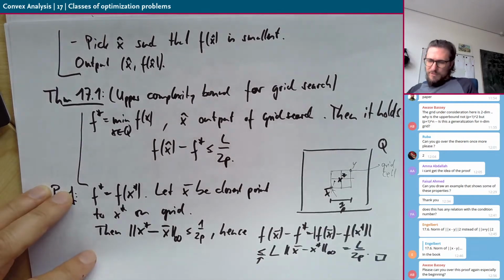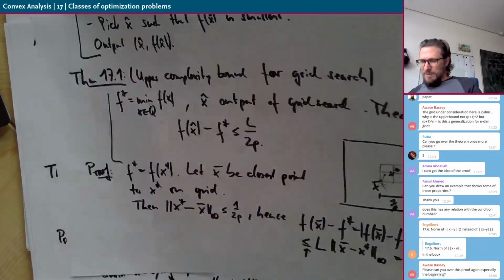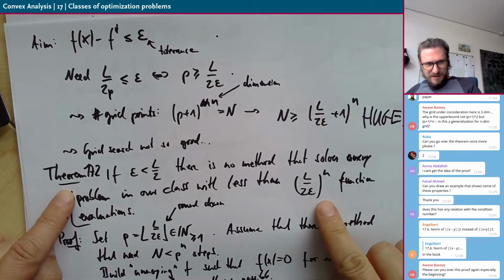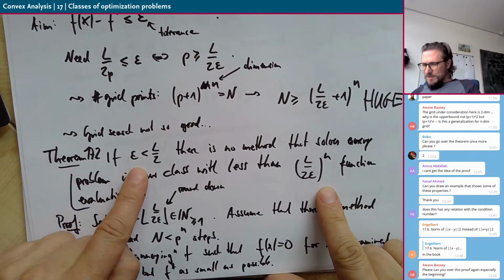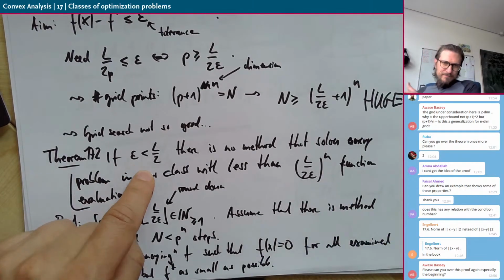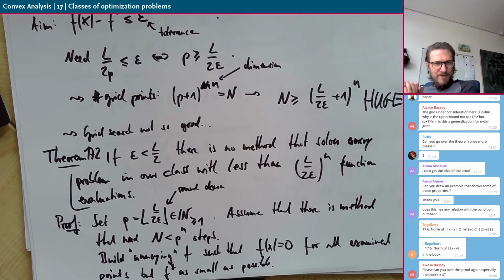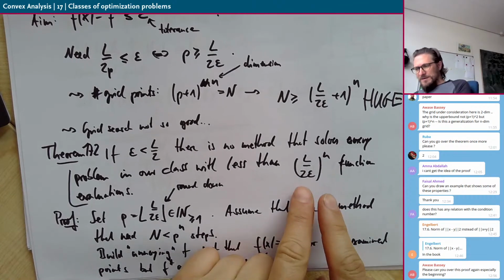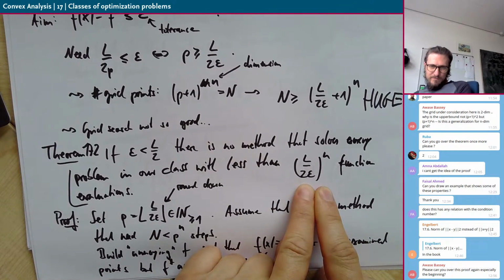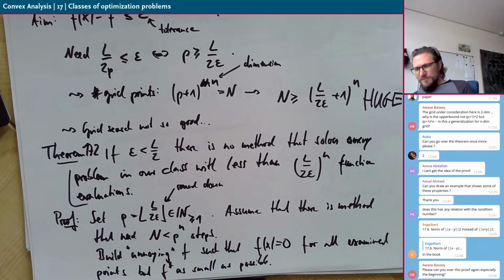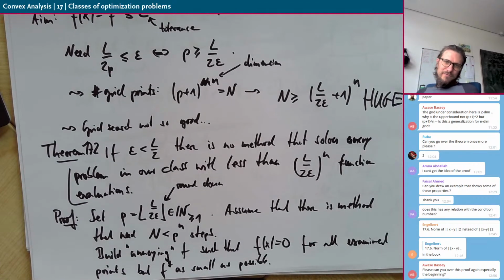That was for the grid search. And then lower complexity bounds are results like this, saying if we fix an accuracy, then there will be no method which can solve every problem in our class faster than a given number of queries. And the idea to prove such results is to fix the method and then find the worst problem, the most annoying problem for that class.